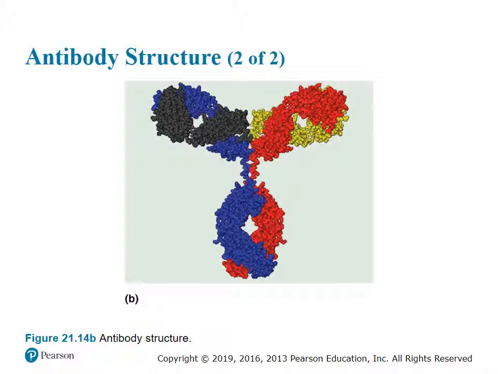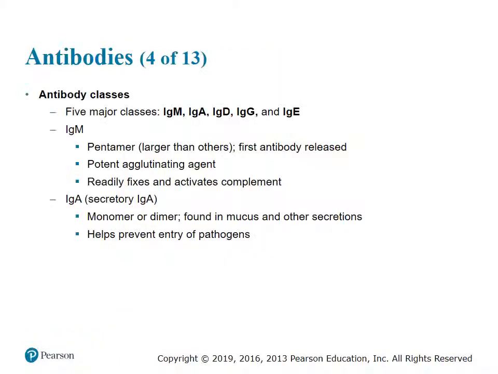And so you got a blue one, a black one, a yellow one, and a red one in this computer image here, and this is your typical Y-shaped antibody. Here are the 5 classes. They all start with IG, immunoglobulin A, M, D, G, A, right?